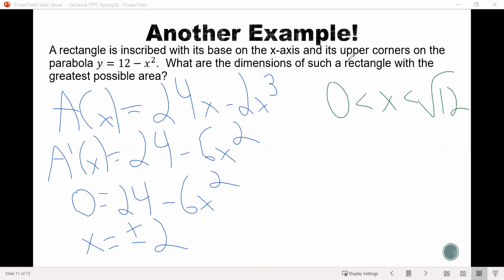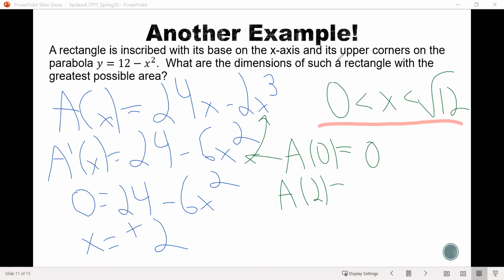However, notice that the negative is not in our range for x over here, so we can count that one out right away. So we know we have to use the plus 2. And then we'll take that along with our endpoints and plug them into our area function. So we'll do A of 0, plug that into the area function here. Not that one, sorry, this one. We get an area of 0 units squared, which is not what we're looking for.